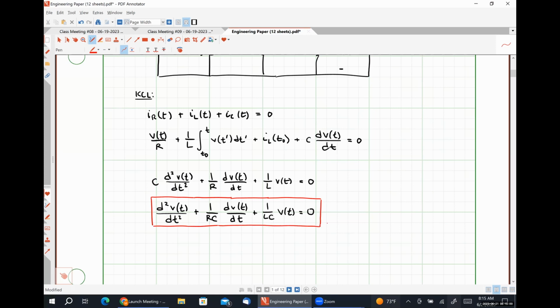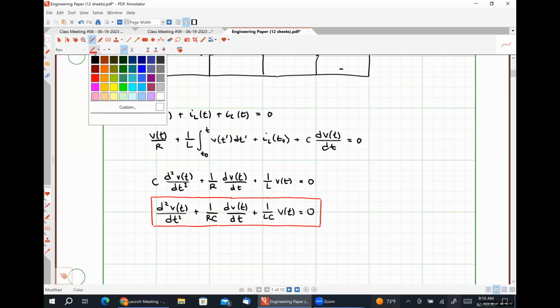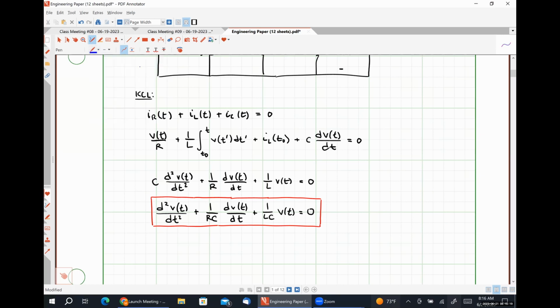So our goal now is to figure out what form our voltage must have in order for this differential equation to be true. In circuits 1, we made an educated guess that our signal of interest, in this case our voltage, would be an exponential.